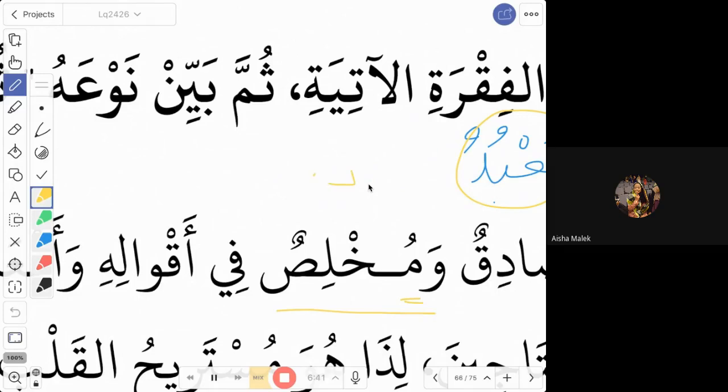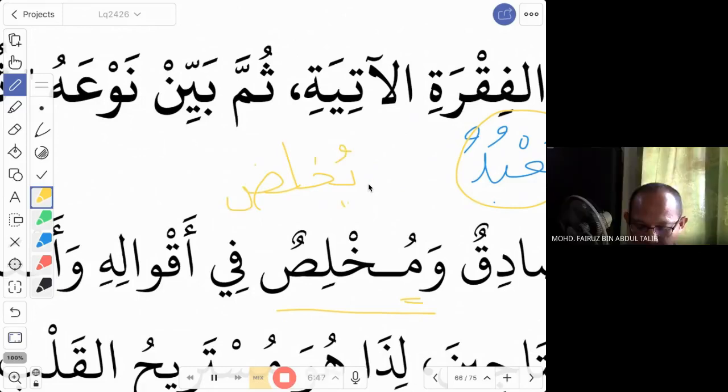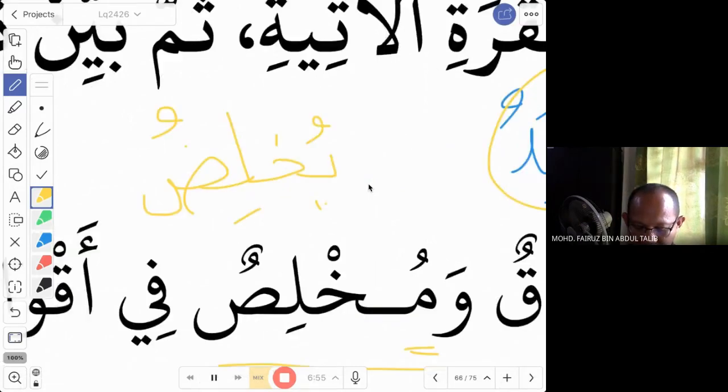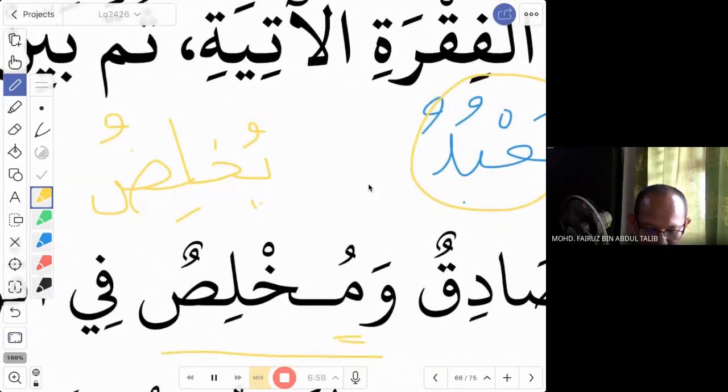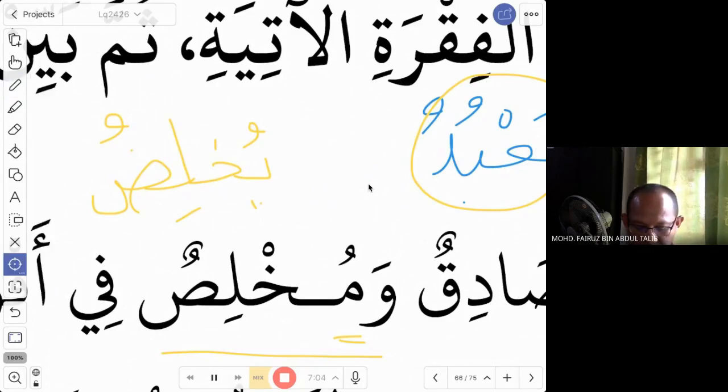It will be yukhlisu. Good. So the fi'il mudhari is yukhlisu. Mukhlisun is the person. What is the fi'il madhi? Can you guess? If you are not sure, then find the wazan. The wazan is yuf'ilu. So what is the madhi for yuf'ilu?